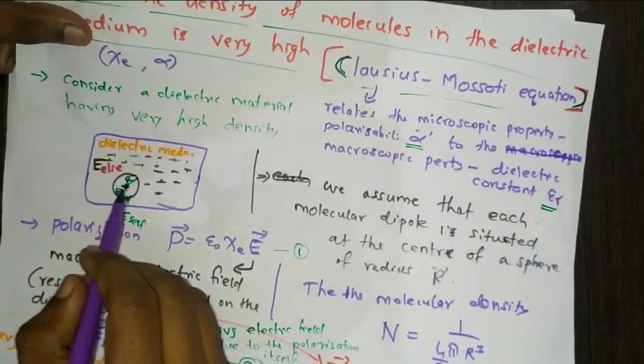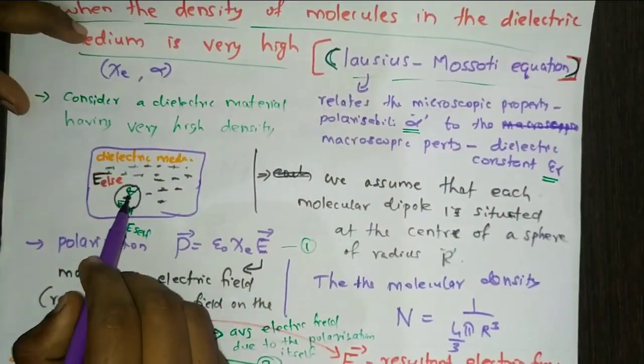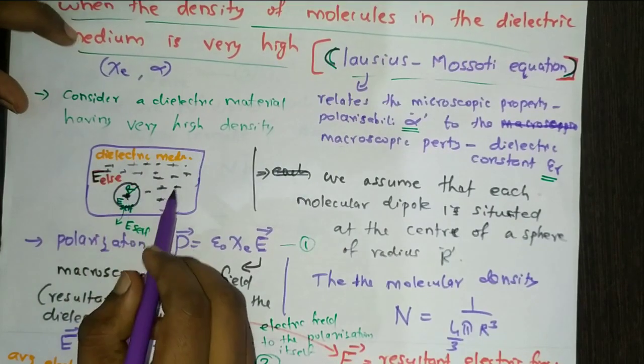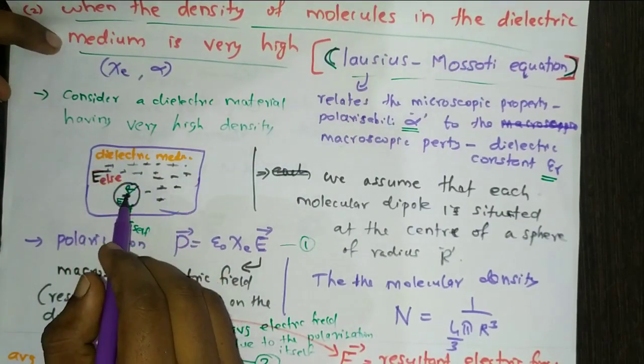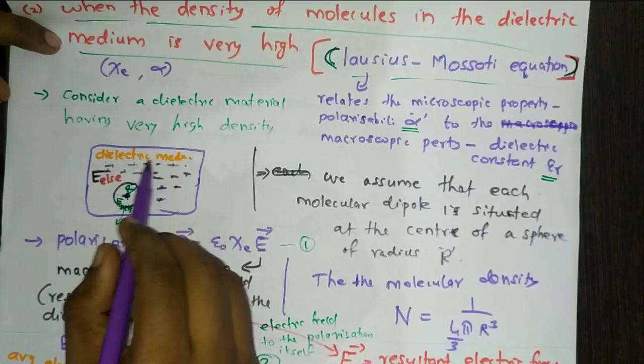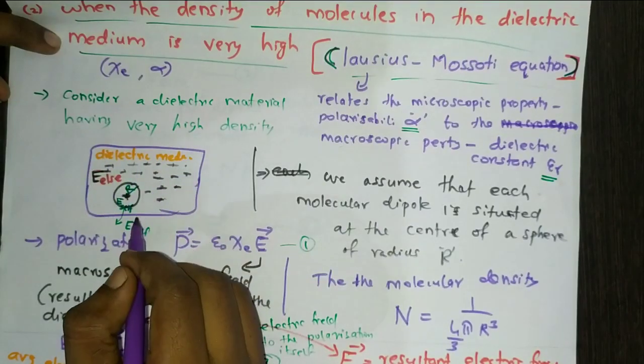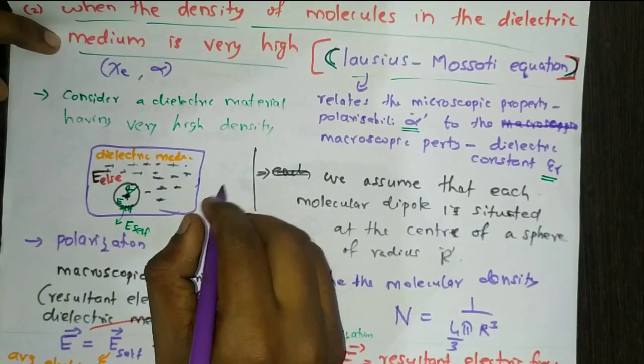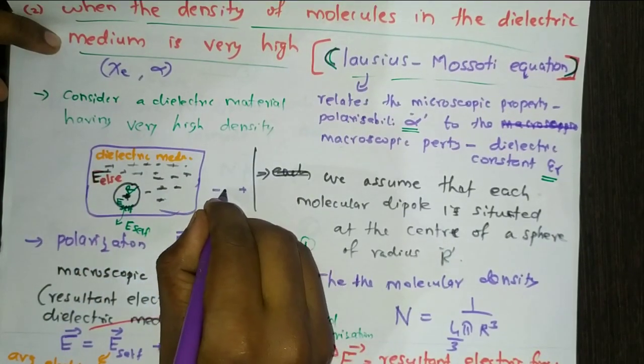Because of the polarization, the molecular dipole produces its own electric field. We are talking about the non-polar molecules. After keeping them in an electric field E, dipole moments are aligned, negative, positive.